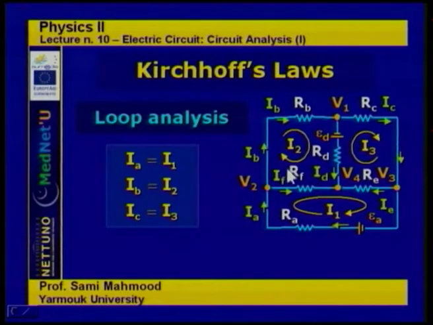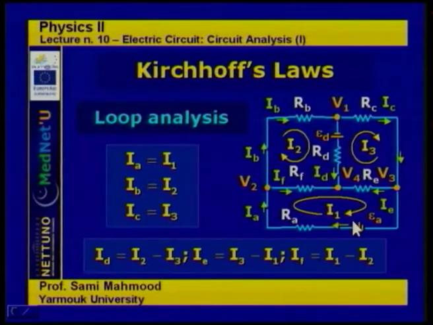For example, the branch current flowing in branch A, IA, is equal to I1, because the only current flowing in this branch is simply the loop current I1. IB also is equal to I2, because the only current flowing in this branch is loop current I2. And IC is equal to I3.